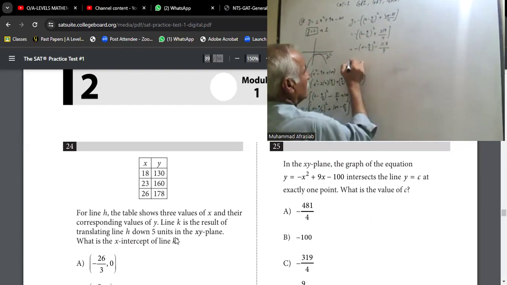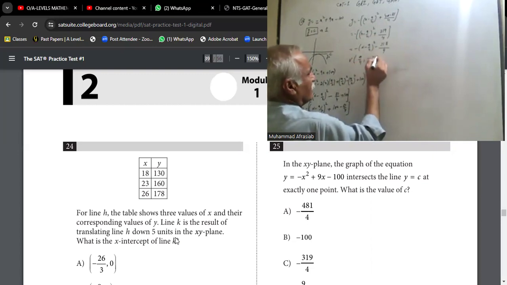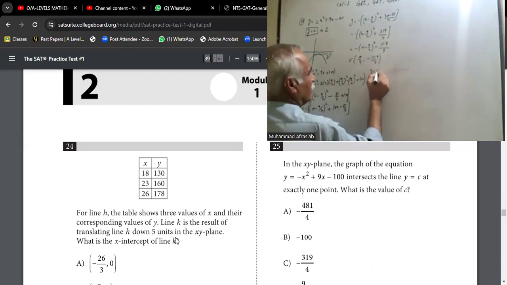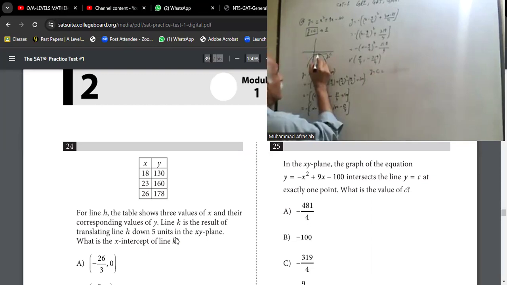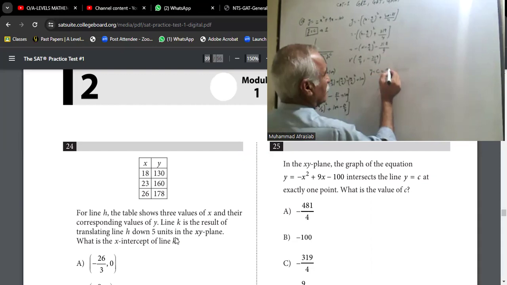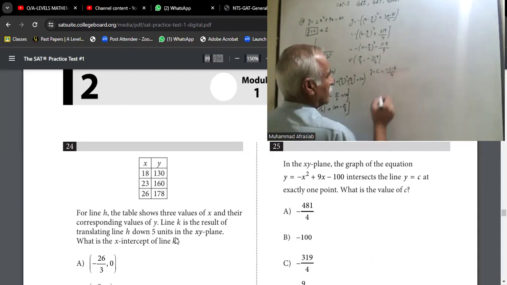So the vertex is going to lie at 9 over 4 and minus 319 over 4. So this y is equal to c, means at this point they are going to cut at the vertex there. So c value is minus 319 over 4.